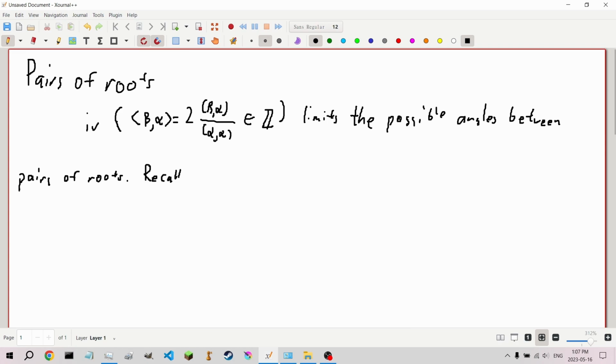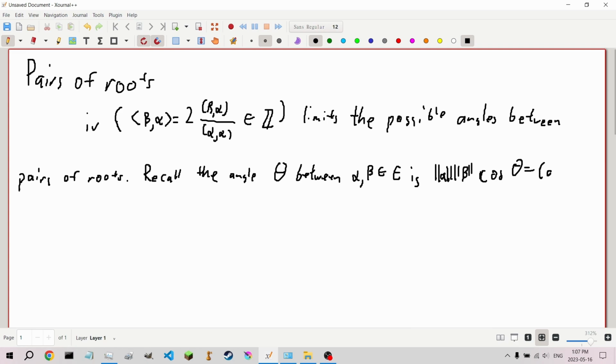If you recall that the angle theta between vectors alpha and beta in our Euclidean space is given by that the magnitude of alpha times the magnitude of beta times cosine theta is equal to our form alpha beta.